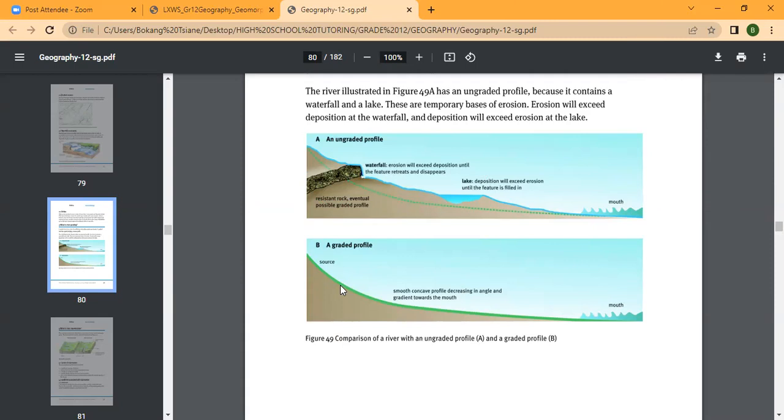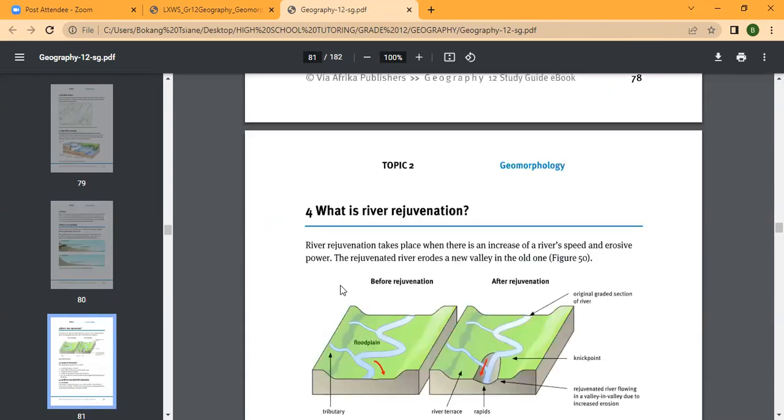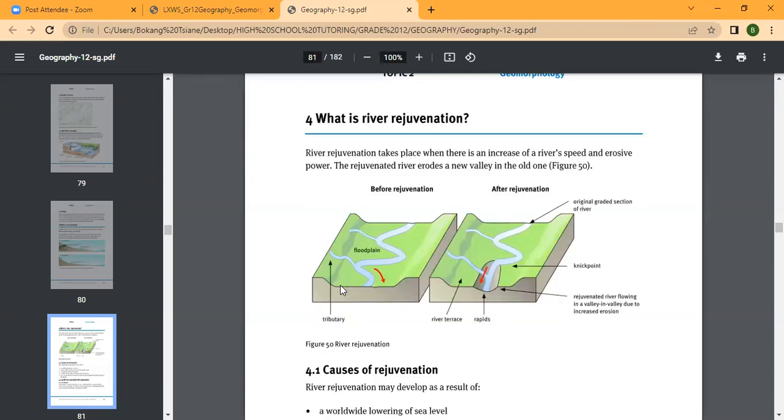And then we need to look at river rejuvenation. So river rejuvenation is basically when a river gains energy. So a slow moving river gains velocity. And this can happen due to many reasons. Say we have two rivers here.